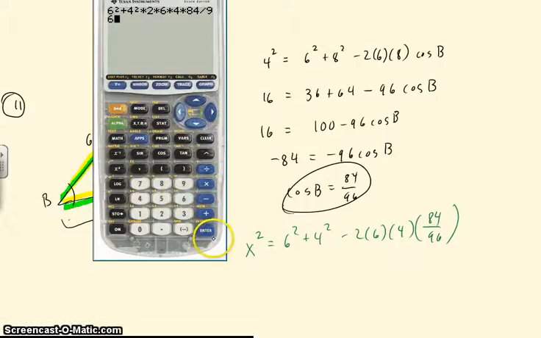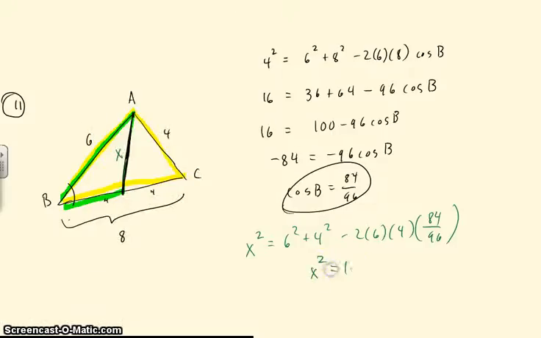Hopefully I typed that in right. I messed that up, so it's 6 squared plus 4 squared minus 2 times 6 times 4 times 84 over 96. There you go. So I get 10. Wow. x squared is 10. So x is equal to the square root of 10. And that's it.